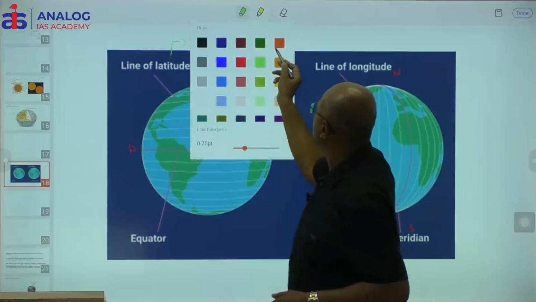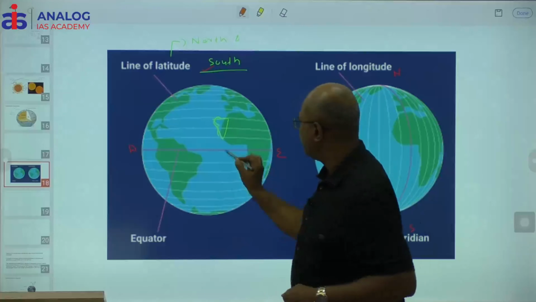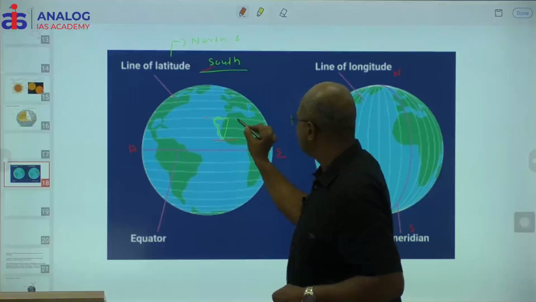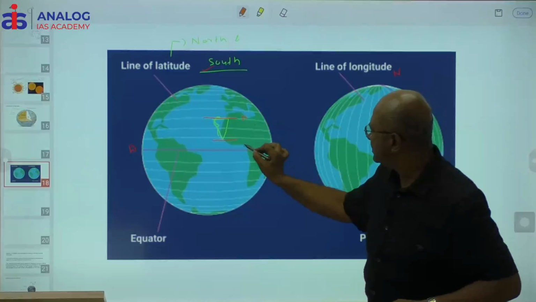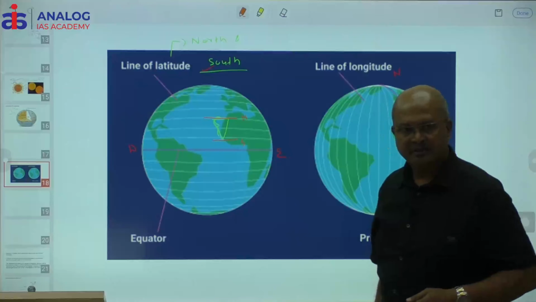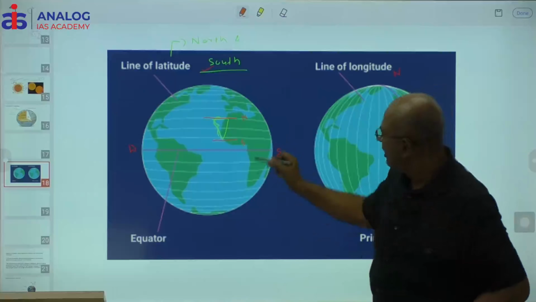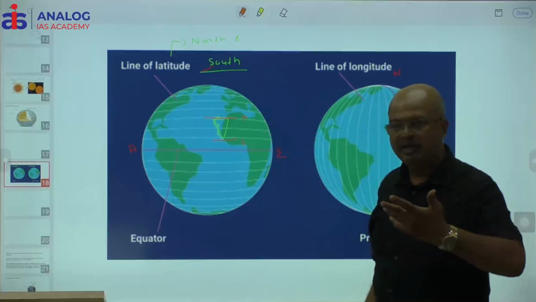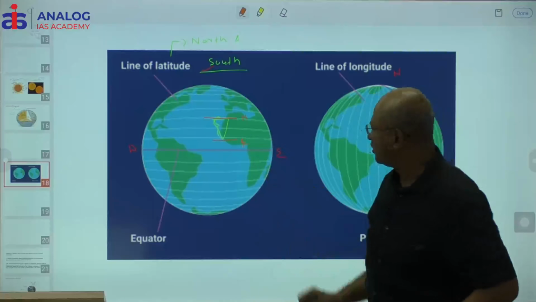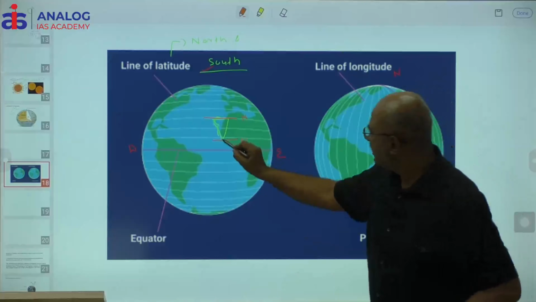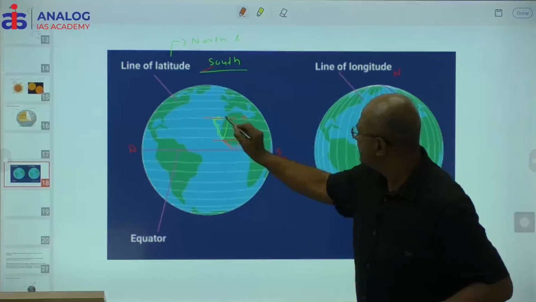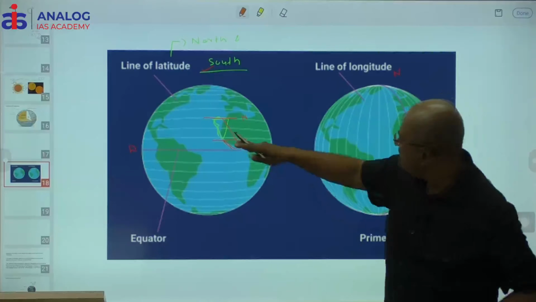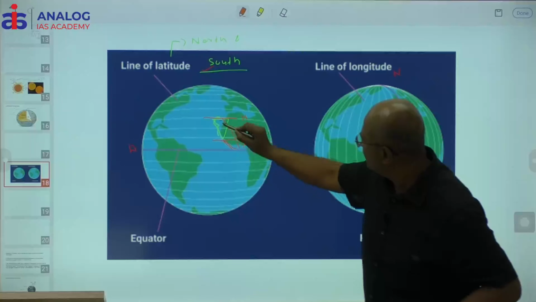It means that take the latitude extent of India. You can't say one is north and one is south. Both are in the northern hemisphere, and this is an angular distance of 6 degrees from the equator. So hence India is located in the north.